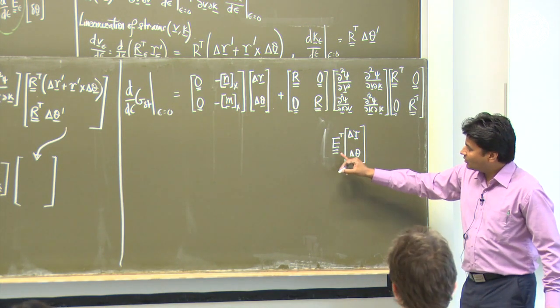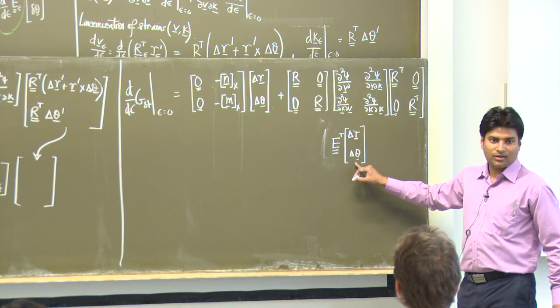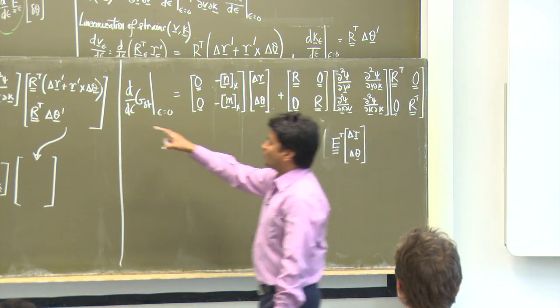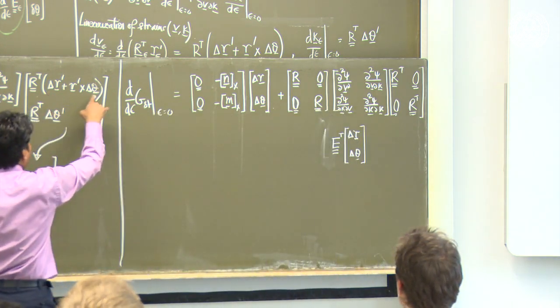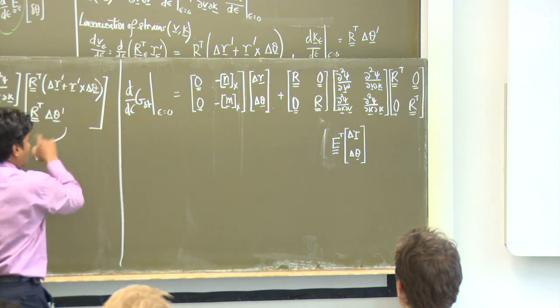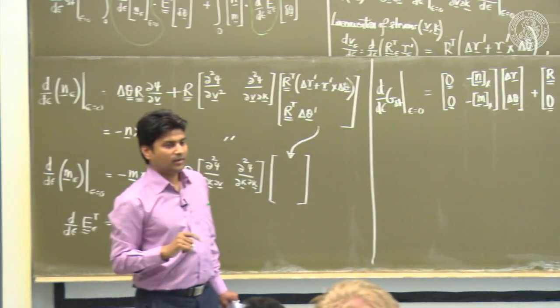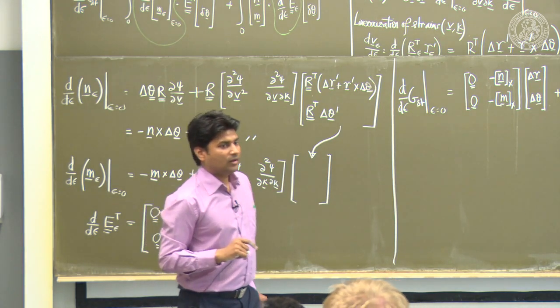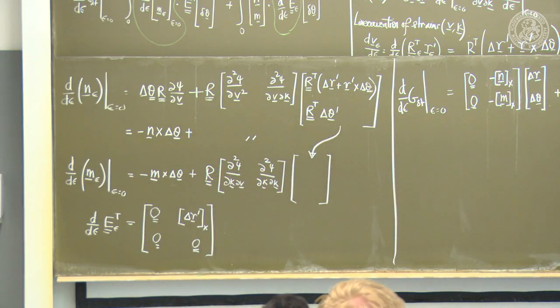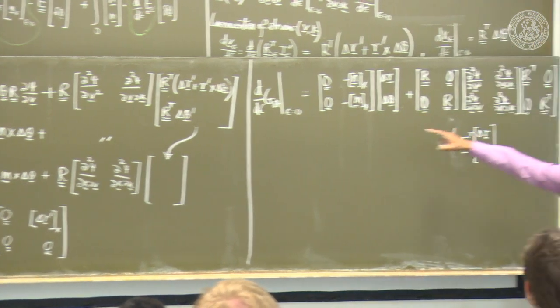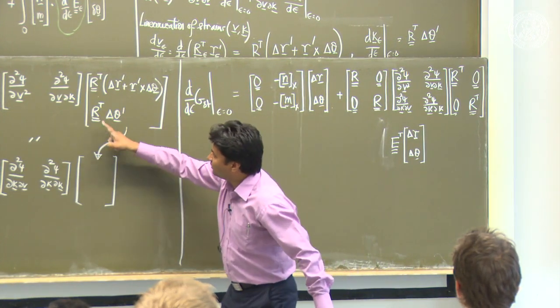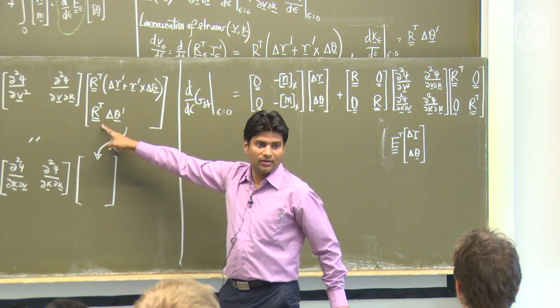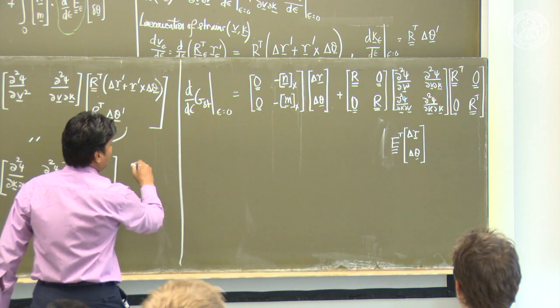You see, when you work out E transpose into delta R delta theta, that's going to give you the thing inside the bracket over here and this delta theta prime. And it then gets pre-multiplied with this matrix so that you get big R transpose and big R transpose over here. See, maybe let me work this out.